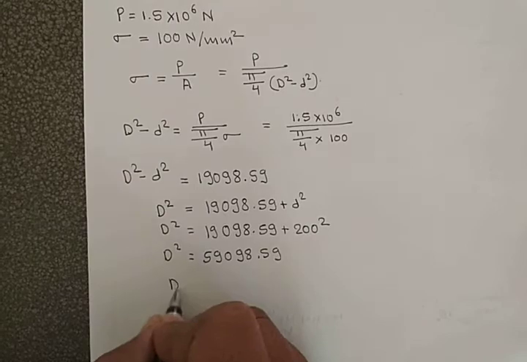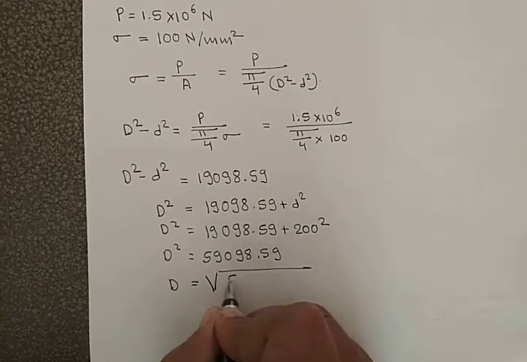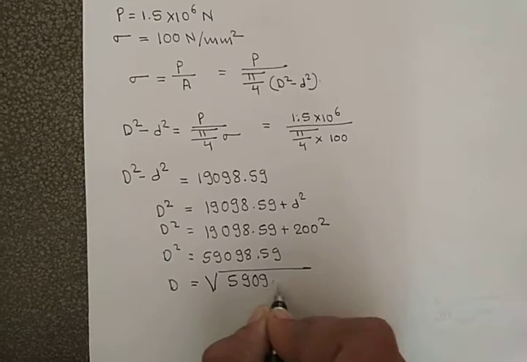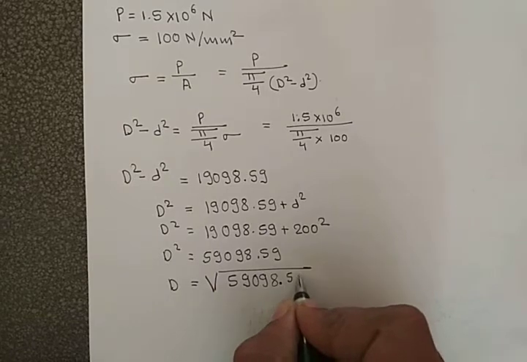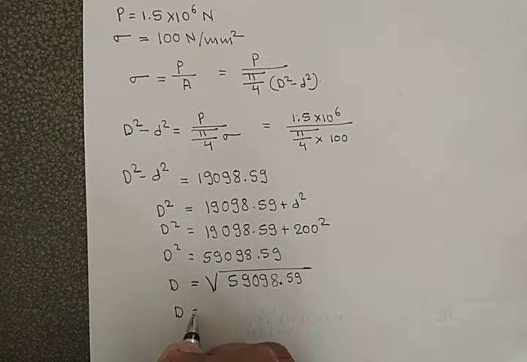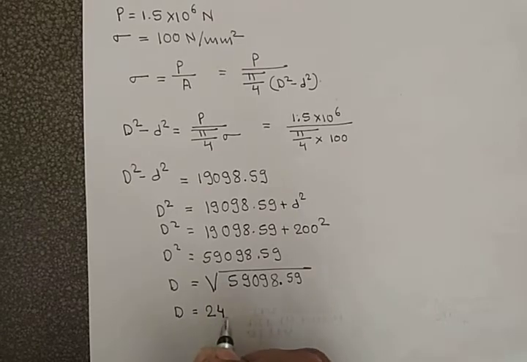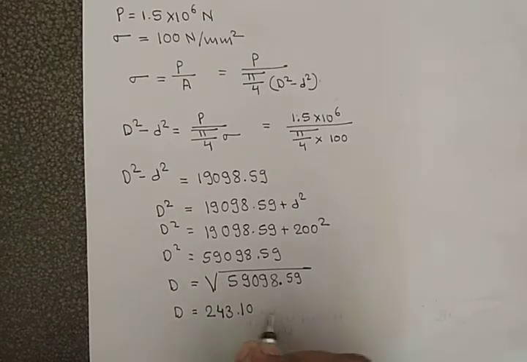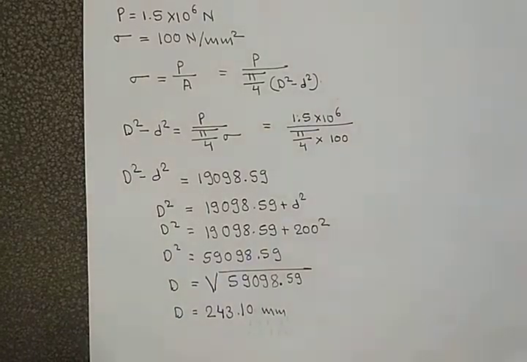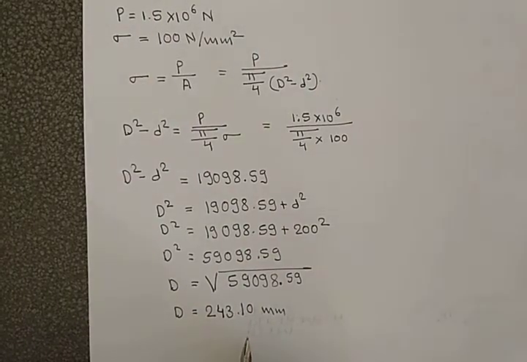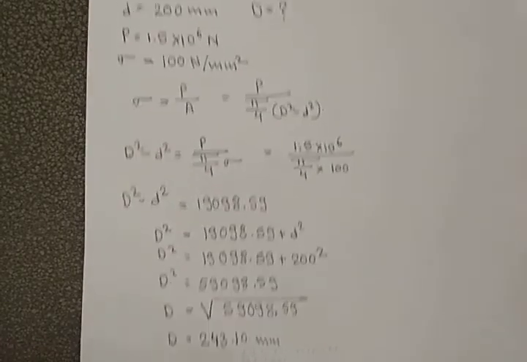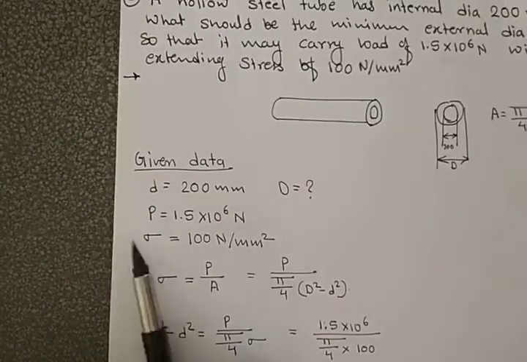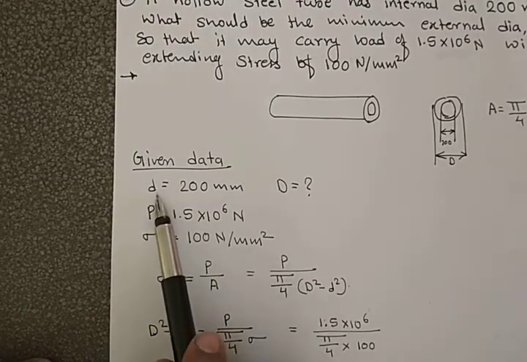We want to find the external diameter, that is capital D, and here it is D square. So we have to put a square root on this value. So D becomes 243.10. So this is D. Now to cross check whether it is correct or not, how to verify your answer: what is the internal diameter?